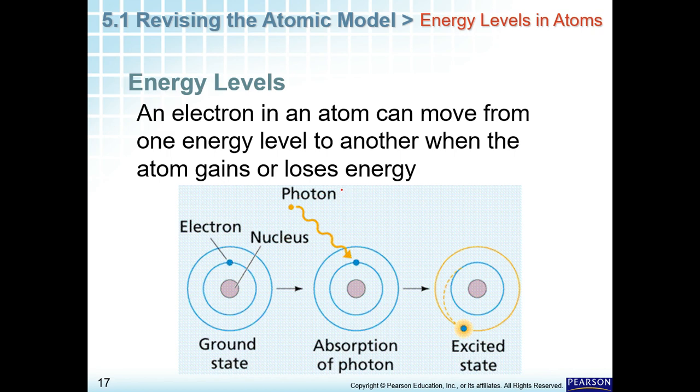This is a photon, which is literally light energy. If an electron absorbs energy or light, what happens is this electron can actually bump up to the energy level above it. So here we're seeing it absorbing light and being excited into a higher energy level.